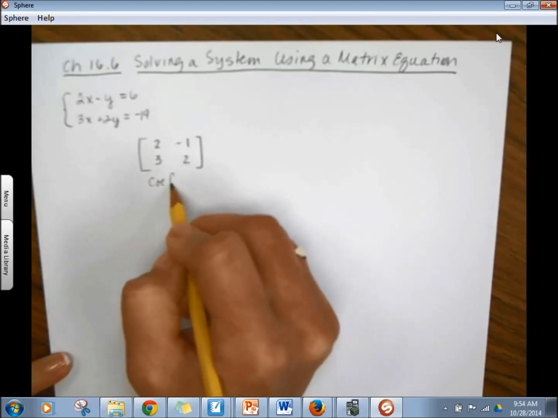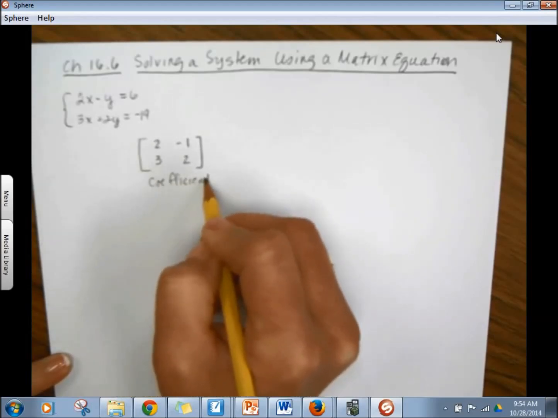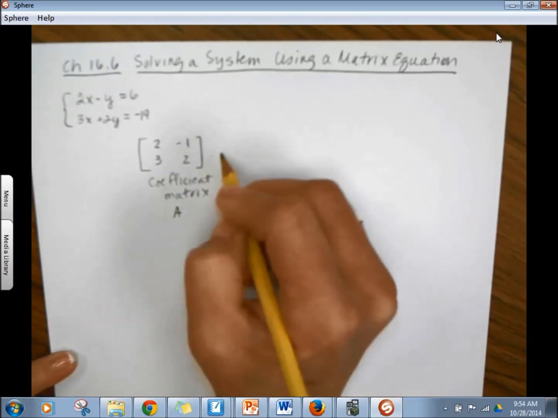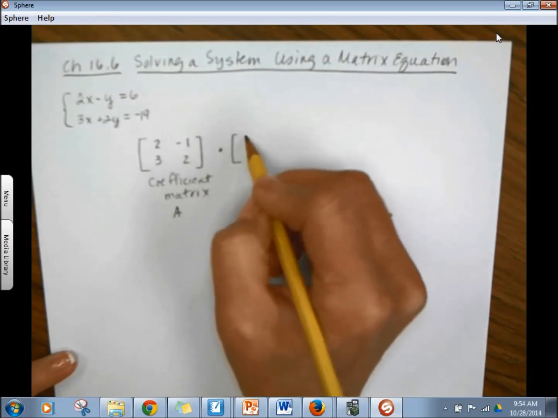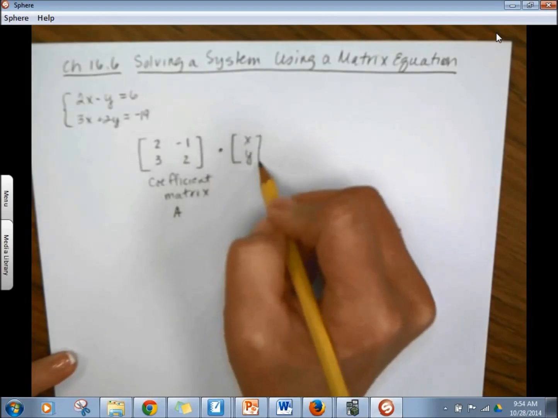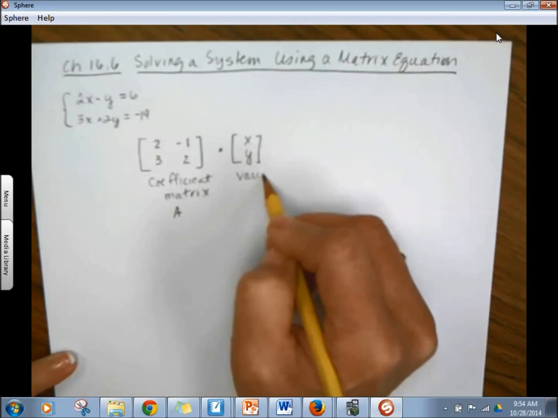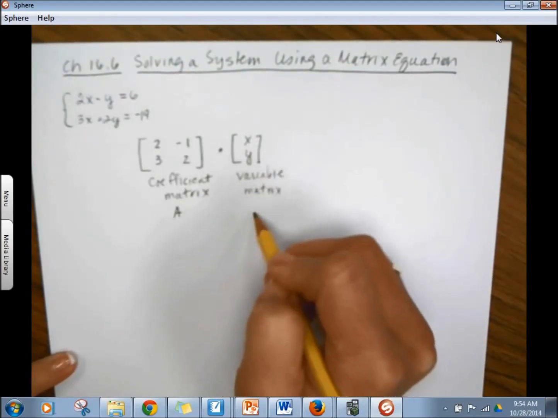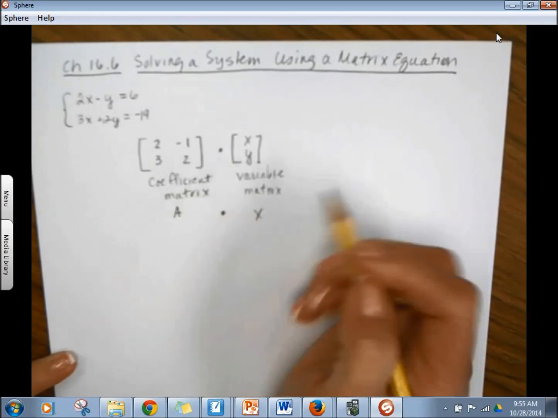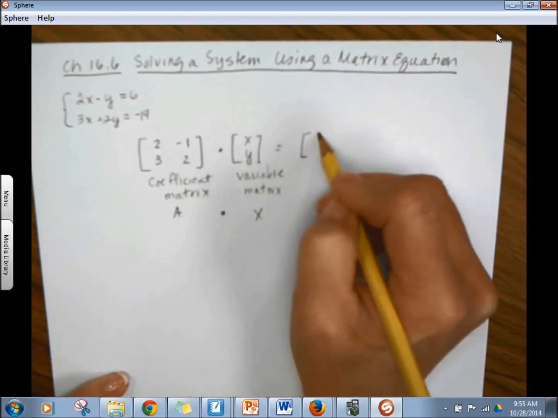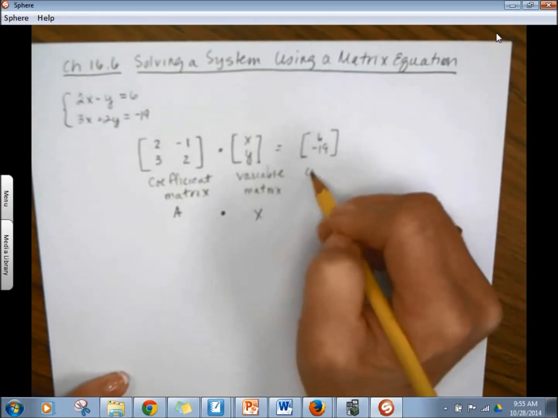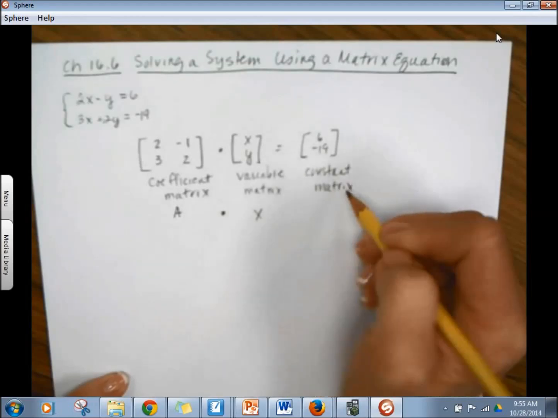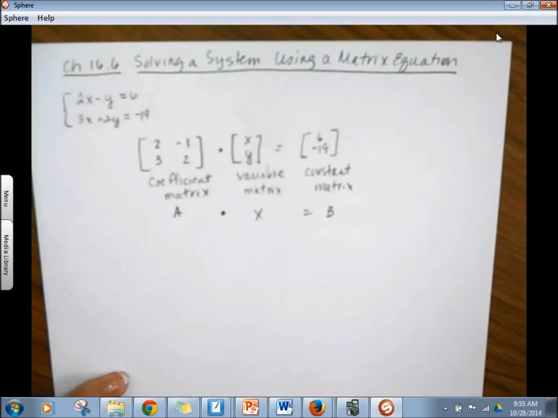This is called the coefficient matrix, and we will call this matrix A. Then the variable matrix, which is comprised of the variables, and we will call this matrix X, and the constant matrix, which is comprised of the constants in the system, and we'll call that matrix B.